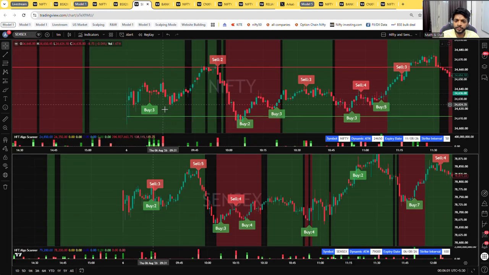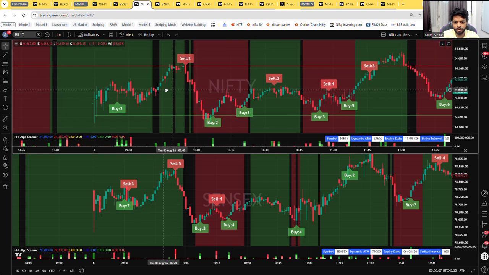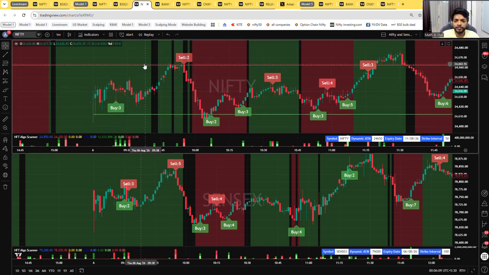Here it went up, and again the sell signal came in both. If you look here, we had the resistance line, and then both fell, and again we had the support line. There we got the buy signal, and again here a little bit of a fall. There Sensex gave the sell signal, but Nifty did not.